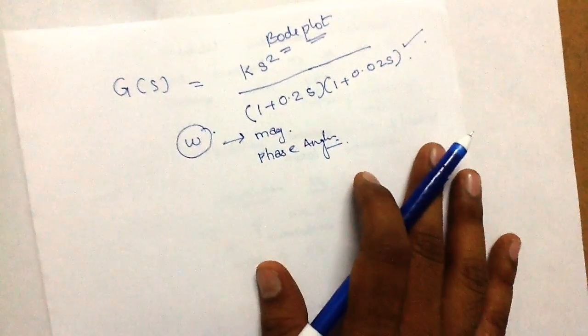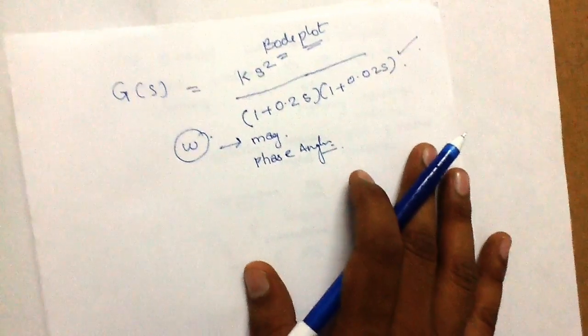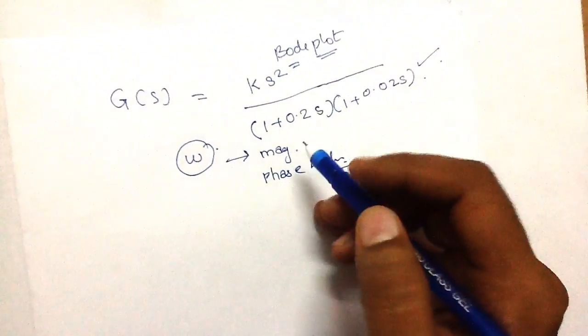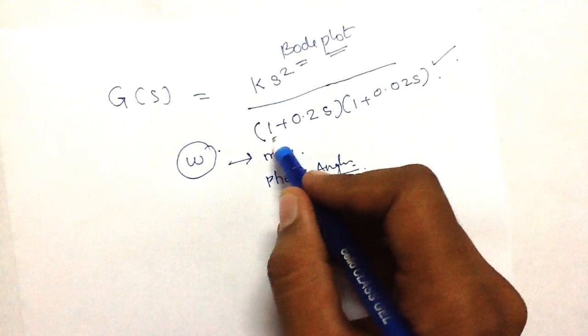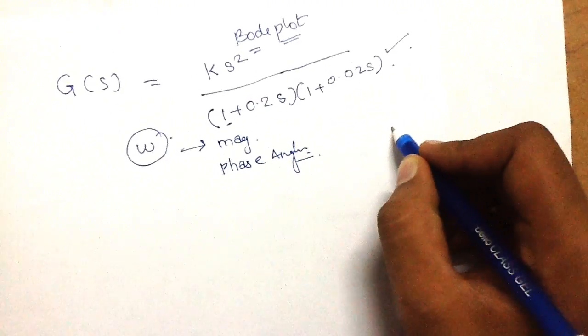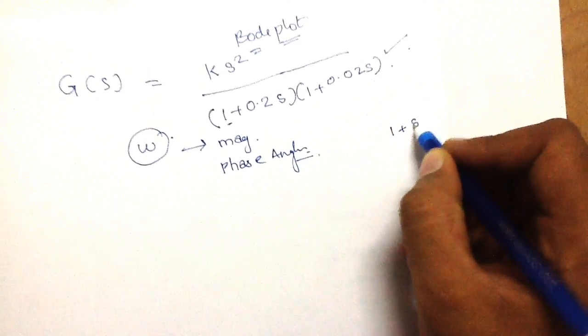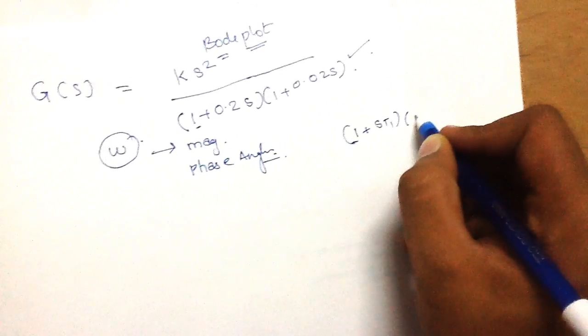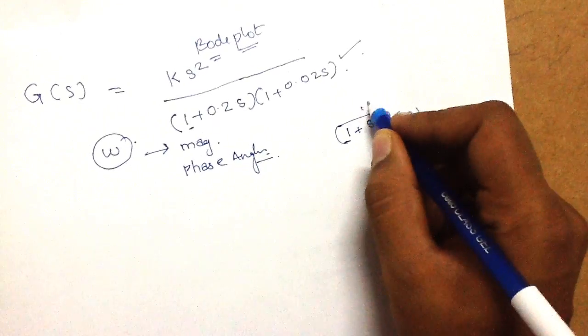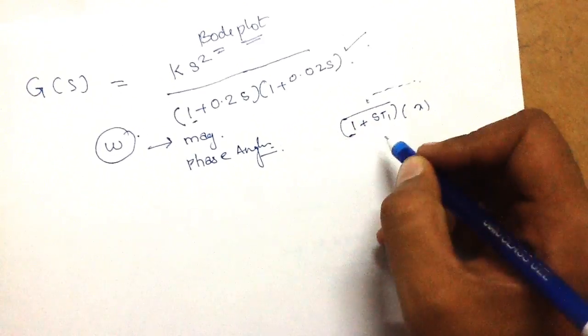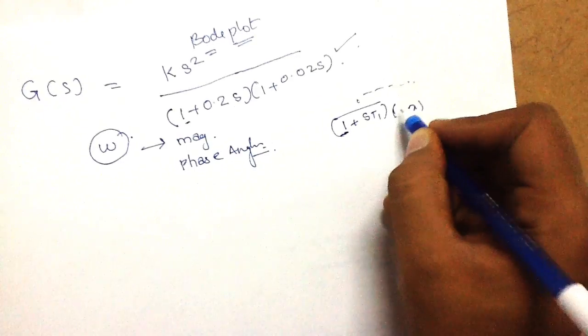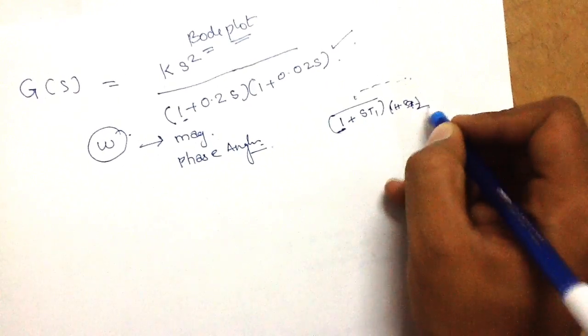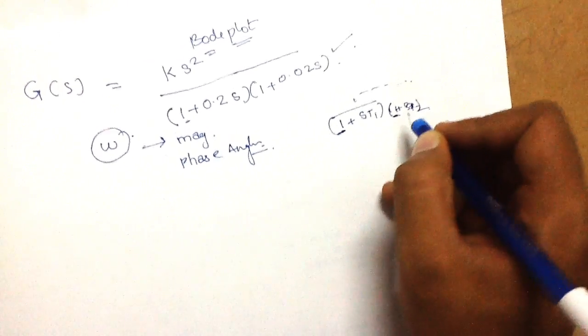One thing we have to remember is that when you want to sketch a Bode plot, the transfer function needs to have 1 here. So the standard form will be something like 1 plus s t1, you need to have a 1, and again 1 plus s t2, 1. That is the standard.